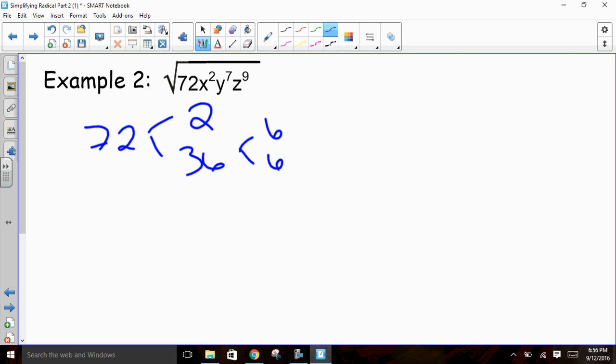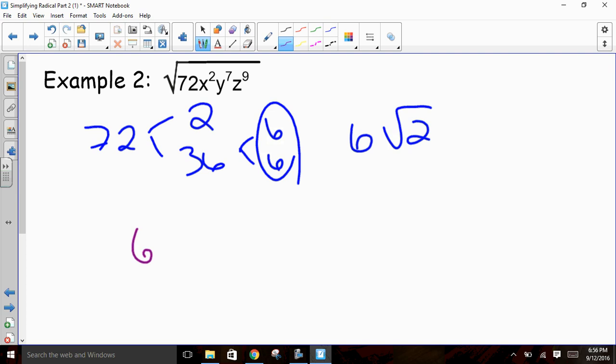It's 6 times 6. There's my group to come out. That's what's going to stay underneath. We're going to leave that off to the side for a second, because more things can come with that. And then 2 stays underneath.